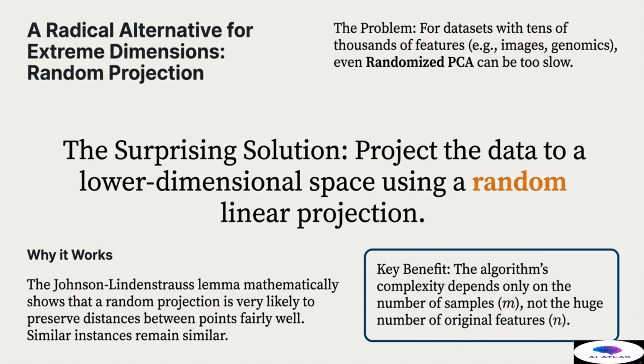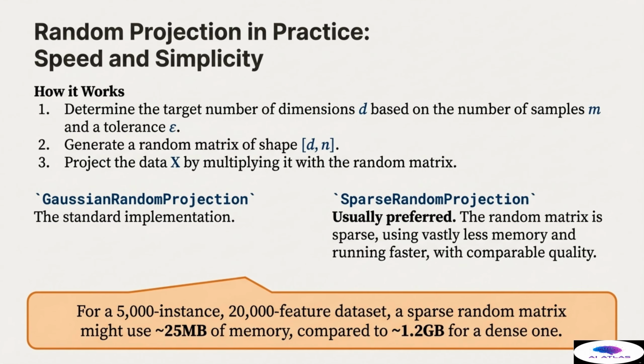The key benefit, and the reason this method is so powerful for extreme dimensions, is algorithmic complexity. The algorithm's speed depends only on the number of samples, not on the massive number of original features, n, offering a substantial complexity advantage. Random projection is valued primarily for its speed and simplicity in handling massive feature counts.